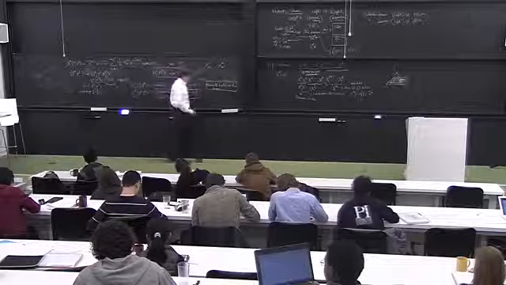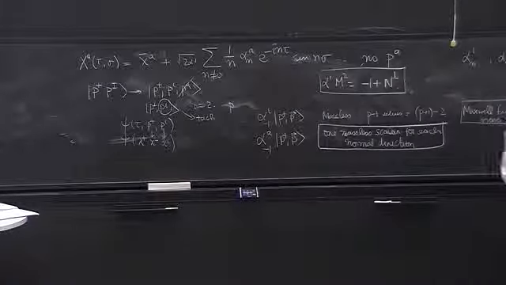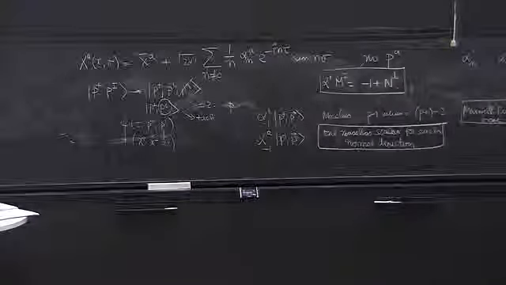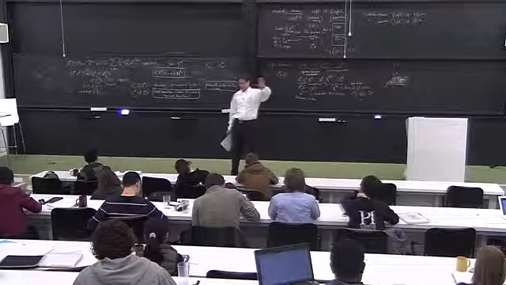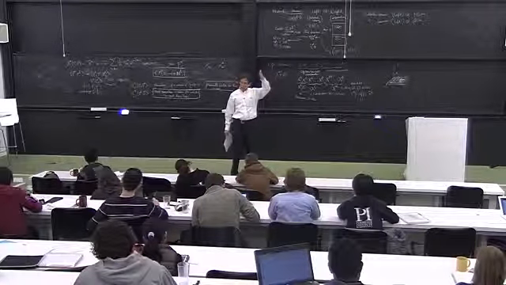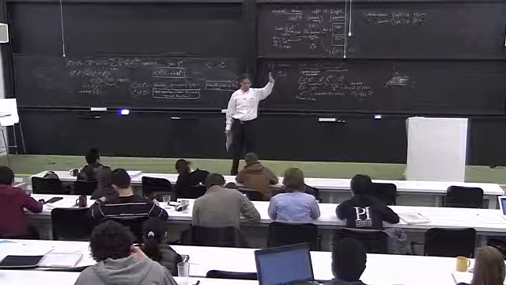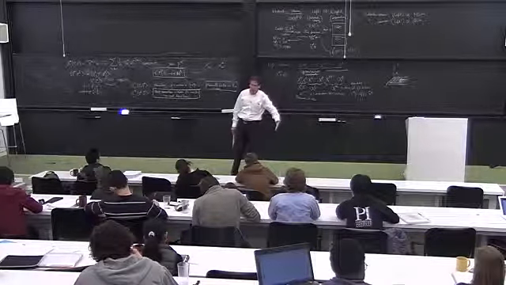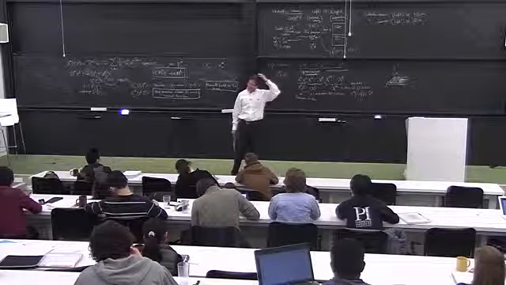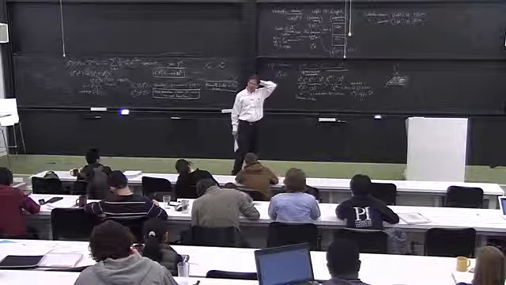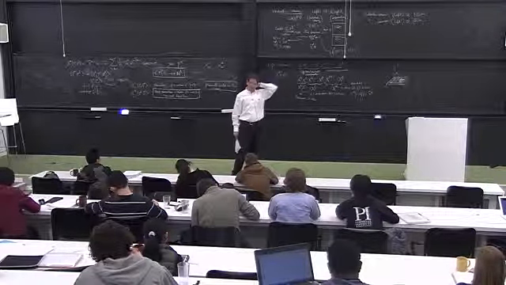Now, I ask you to switch gears. It's a very important change that is happening here. We started with open strings, and we put boundary conditions, and we said, OK, there are things called branes. In some sense, the branes come before the strings.